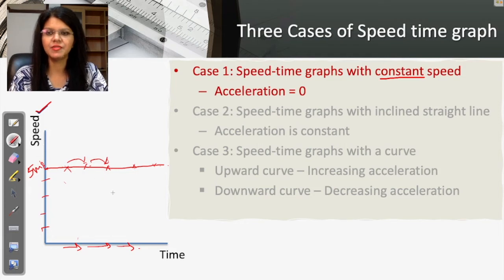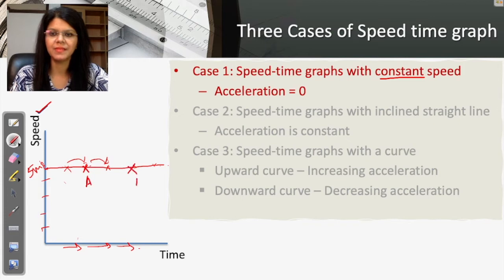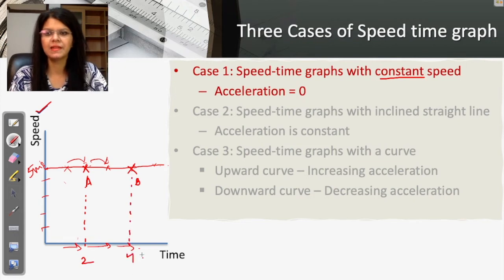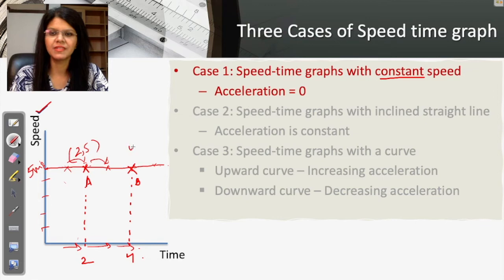Let us take any 2 points, point A and point B. Say that the time value at point A is 2 and at point B is 4. So what are the coordinates? Here it is 2 and 5, and here it is 4 and 5.